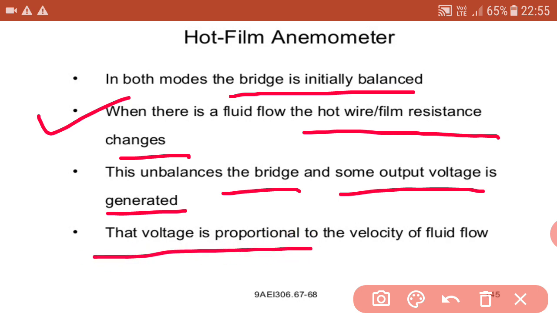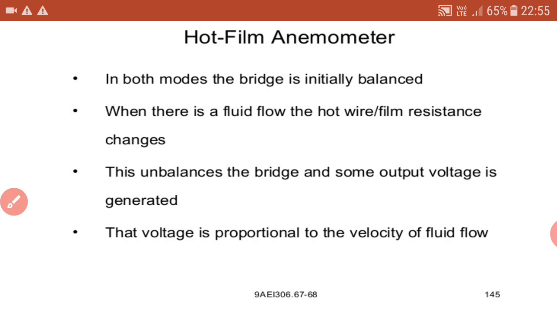That voltage is proportional to the velocity of the fluid flow. So the output voltage generated will be directly proportional to the velocity of the fluid flow.